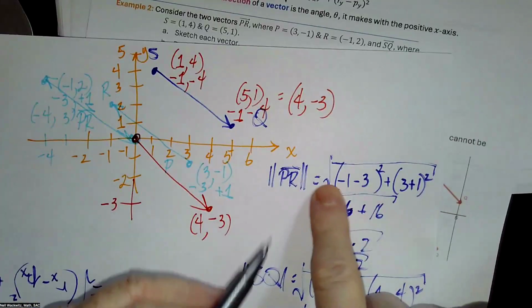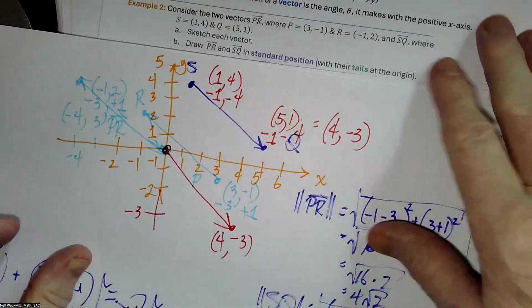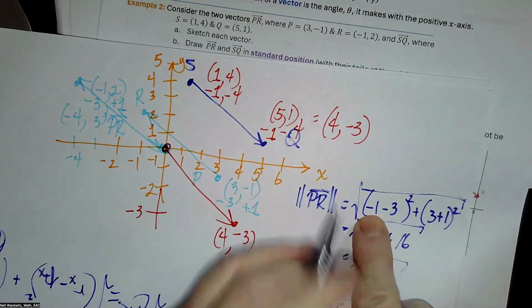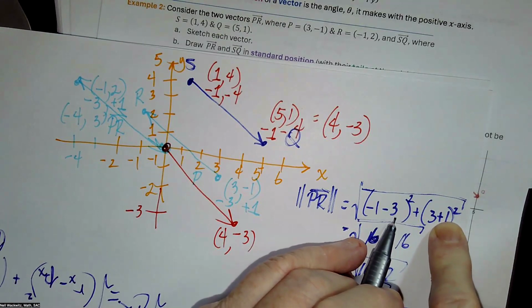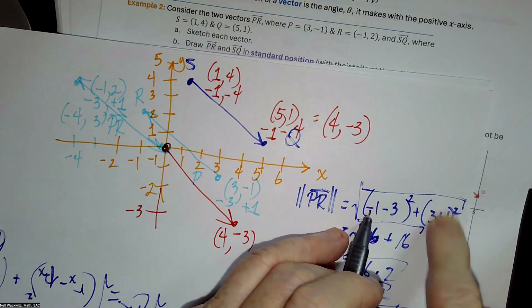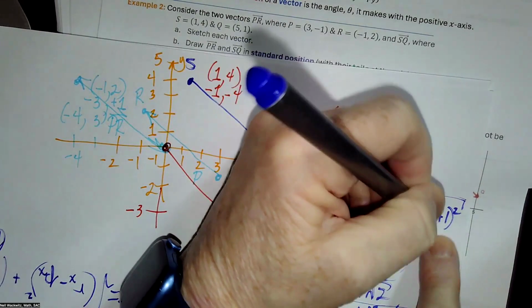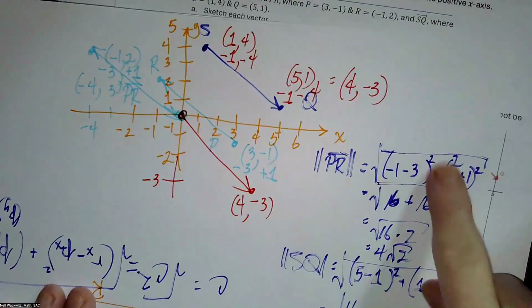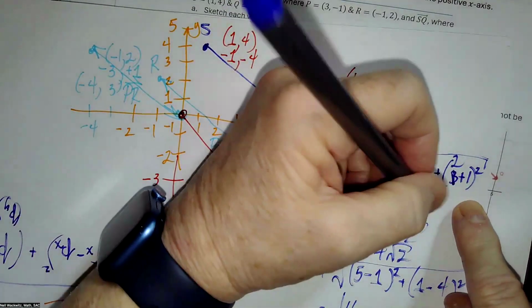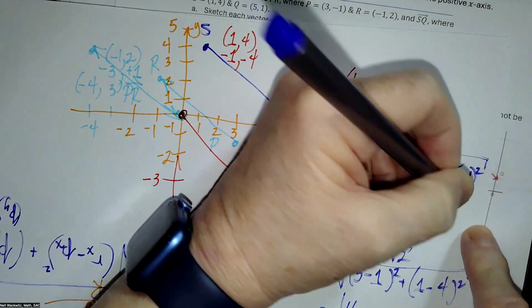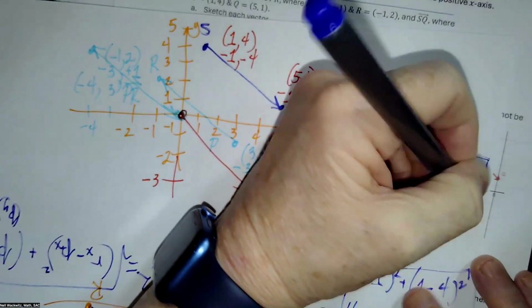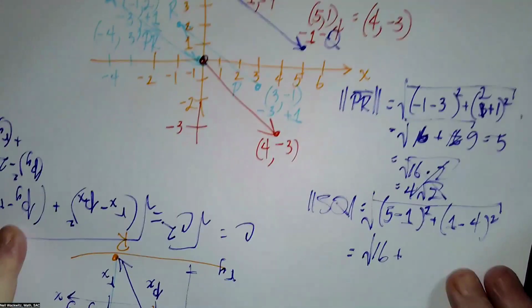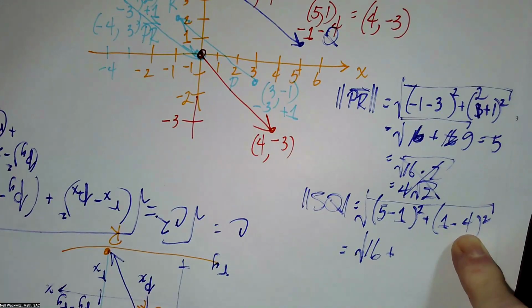So let's see. P was 3, negative 1. And R was negative 1, 2. Okay, there we go. So 2 plus 1 is 3. 3 squared is 9. 16 plus 9 is 25. Square root of 25 is 5. Okay, groovy. 1 minus 4 is negative 3.